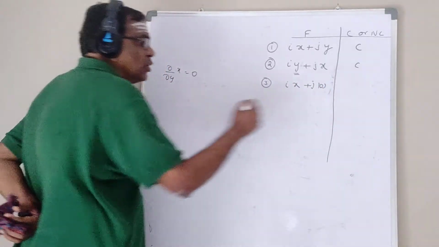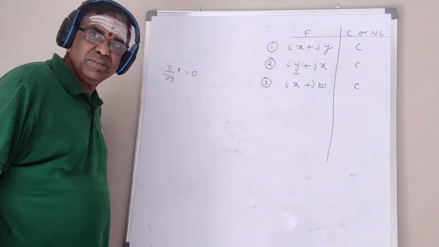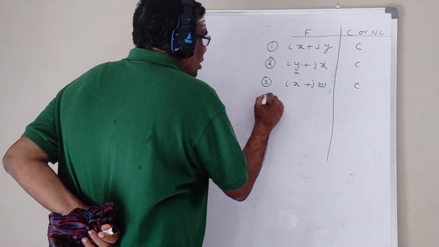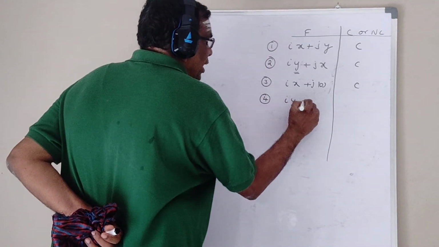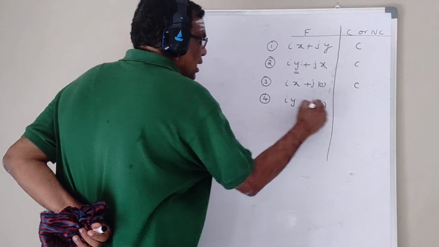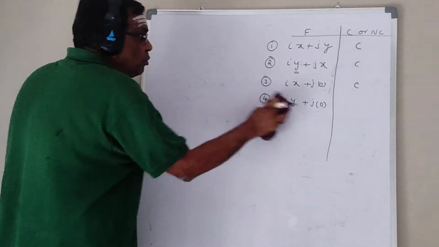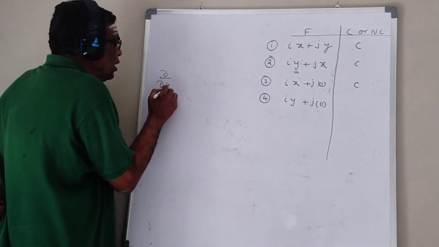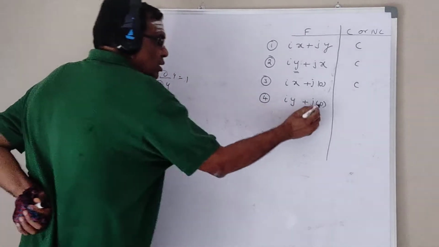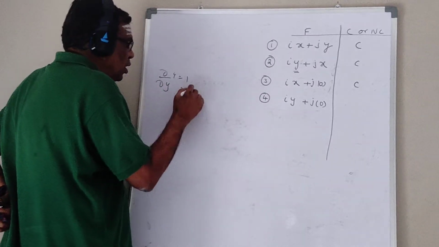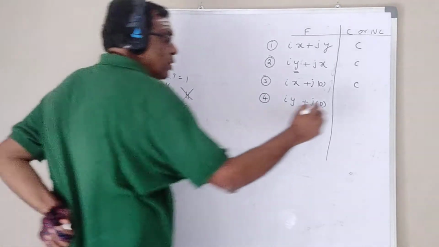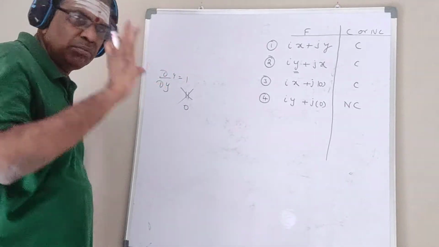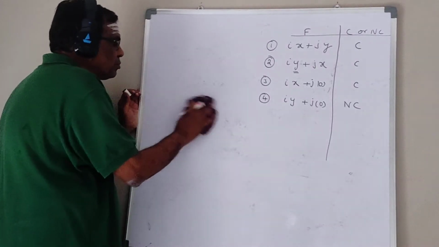This is anyway 0. Therefore conservative. Suppose i y, there is nothing there. What about this? ∂/∂y of y is 1 and this is 0. These two are not one and the same. So non-conservative. All this is done mathematically.